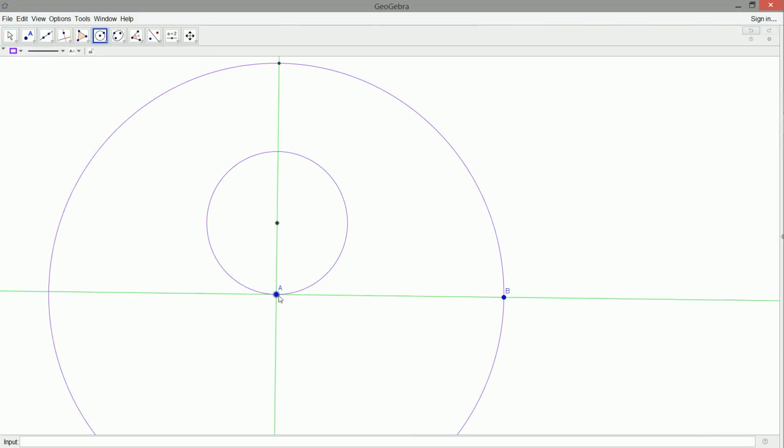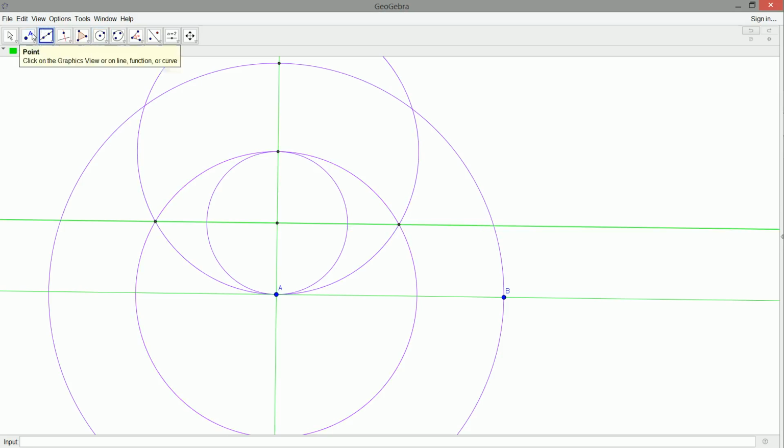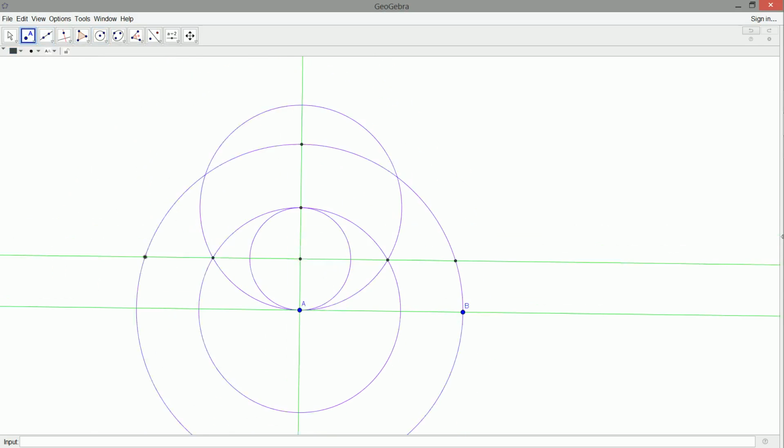Or I guess I should say, parallel to AB is what I really mean, because you could do this construction sideways and other things like that. So this will run perpendicular through this point, which is on a line that's perpendicular to AB. And that's what we want. We want a line parallel to AB. Okay, and this gives us an intersection point. Either one will do. They're both on the pentagon.